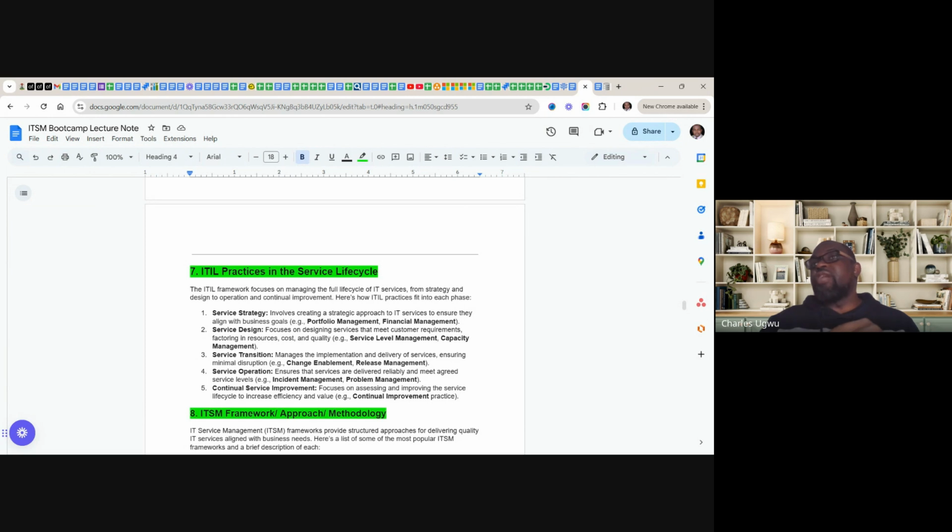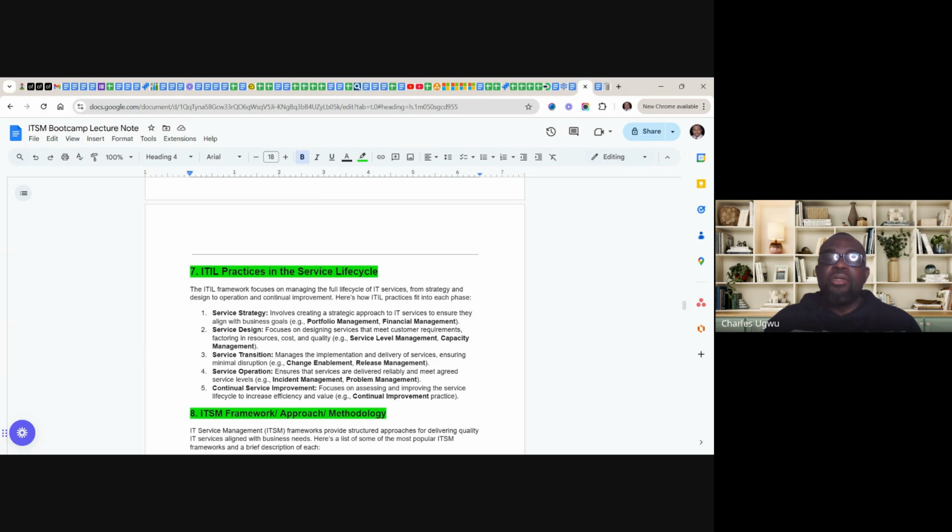In the second phase, after the initiation in project management, that's when you start designing the solution. The business analyst starts designing the solution to solve the problem discovered during the initiate stage. So here in service life cycle, at this stage 2, you design the solution. Focus on designing service that meets customers' requirements, factoring in resources, cost, and quality.